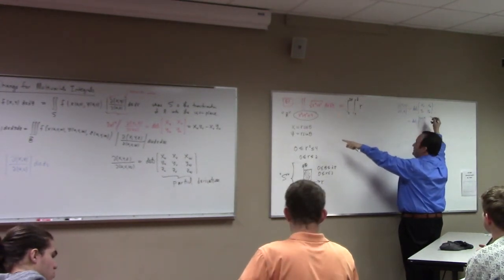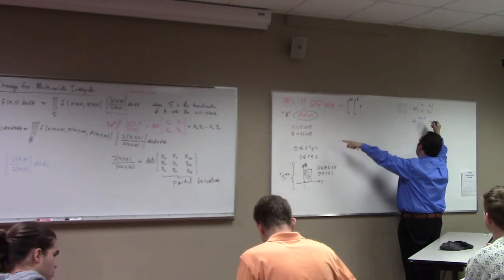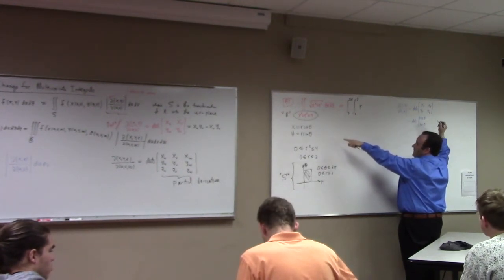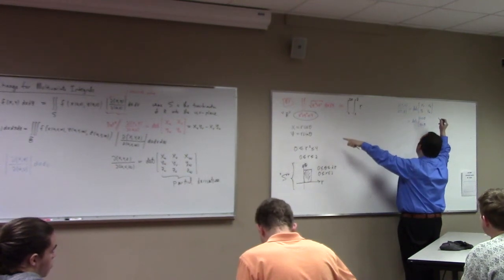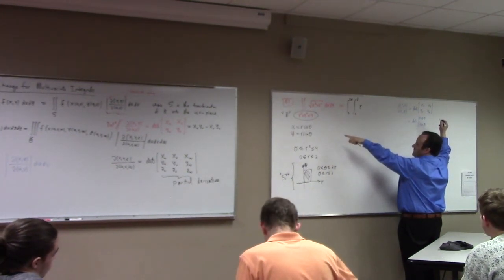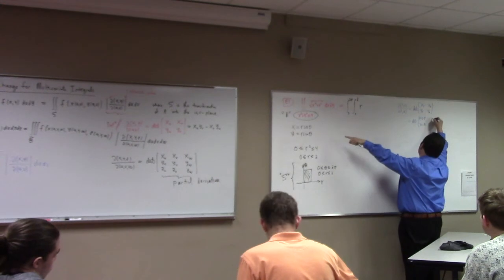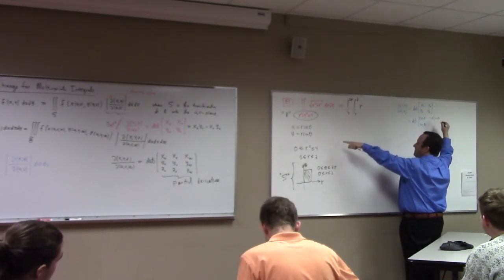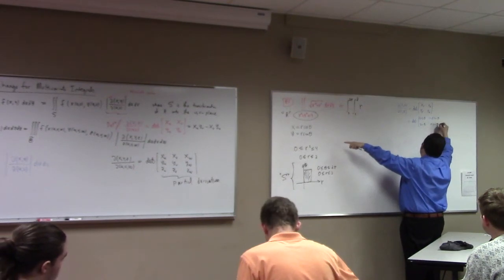Cosine theta. And y with respect to r? Sine theta. And how about the x derivative with respect to theta? It's minus r sine theta. How about the y derivative with respect to theta? R cosine theta. What happens when we take this determinant?